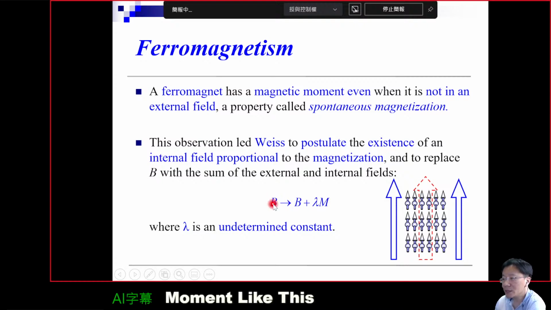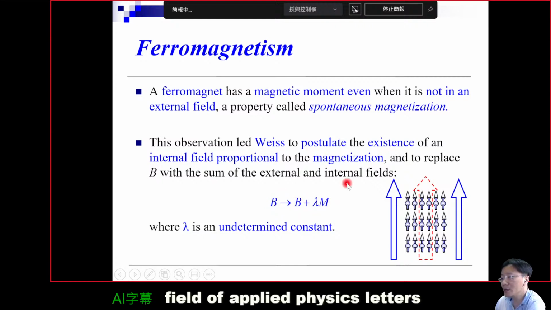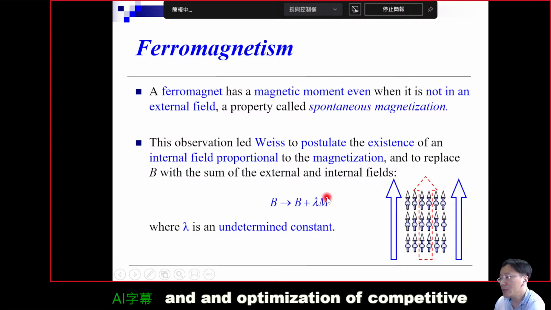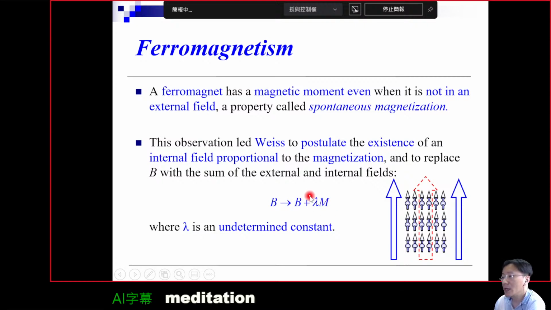B is the external field that we applied, but we imagine there is an internal magnetic field called lambda M. Lambda is a constant, and M is the magnetization of the compound. So this internal field will increase with increasing magnetization, and lambda is the proportional constant that connects the internal field and the magnetization.